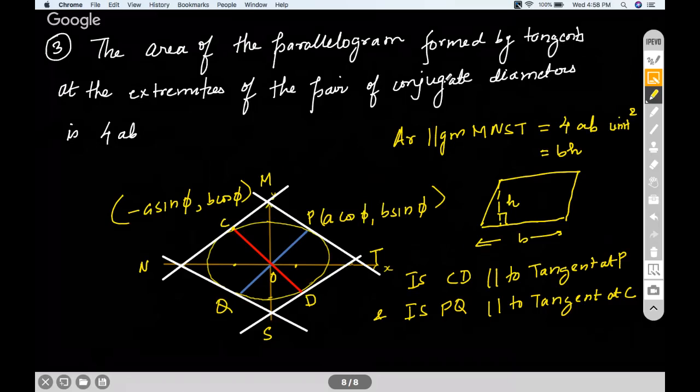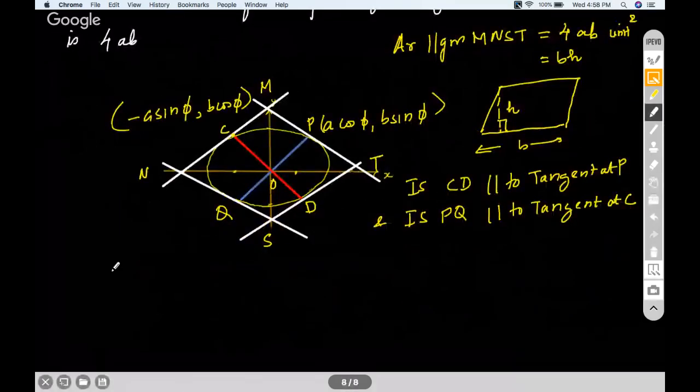So guys, it's very simple to prove this. What is the slope of the tangent at P? The slope of the tangent at P, no problem, Atmesh, that's fine. So slope of the tangent at P would be nothing but B cos phi by minus A sin phi.